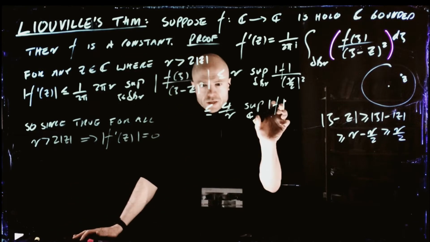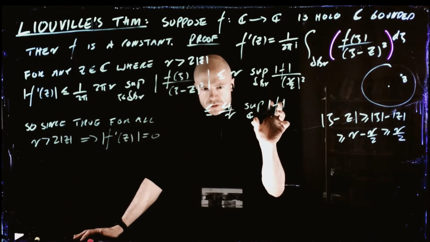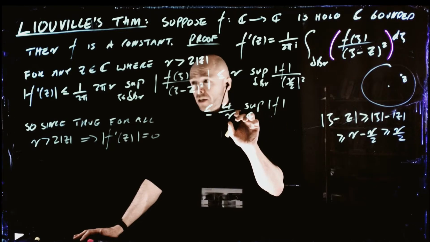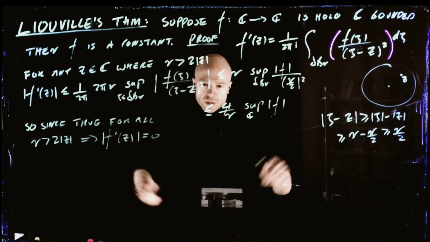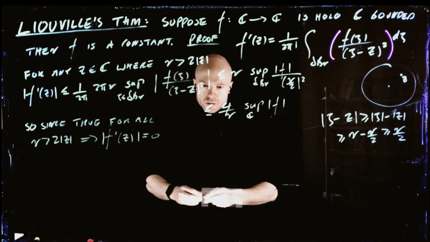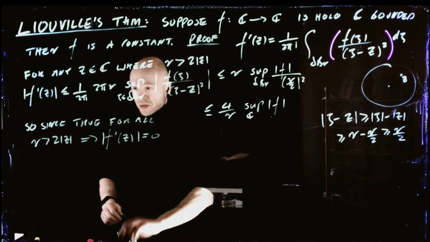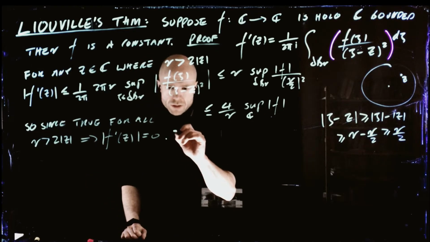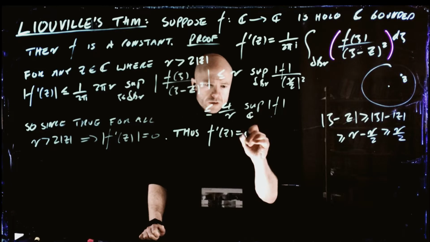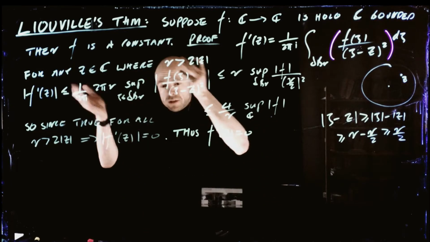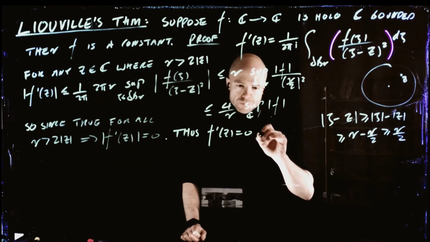Because this supremum is finite, that's in the assumptions, we can take r as large as we like. So the absolute value of f prime of z is less than any number that we like, so it actually has to be equal to 0. Thus f prime of z equals 0 for all z, because nothing about this cared about which z we take.